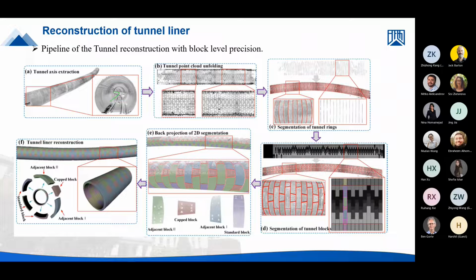And in the images, we extract the blocks and reproject to 3D. And then we have a very detailed model for the whole tunnel with different blocks identified from the point cloud.